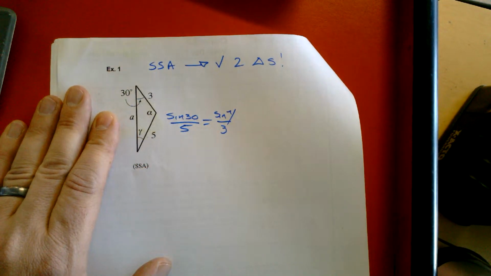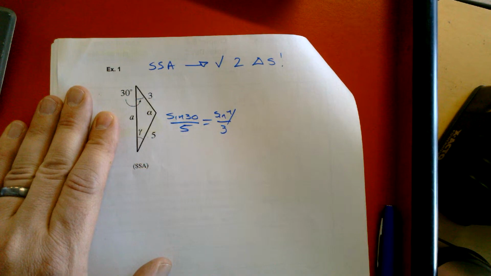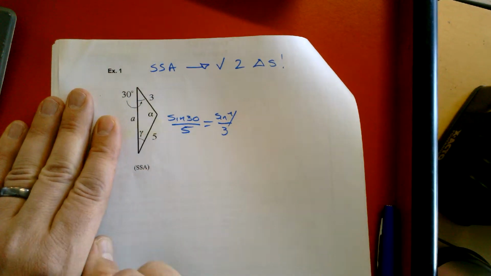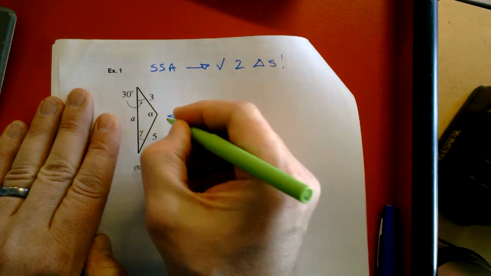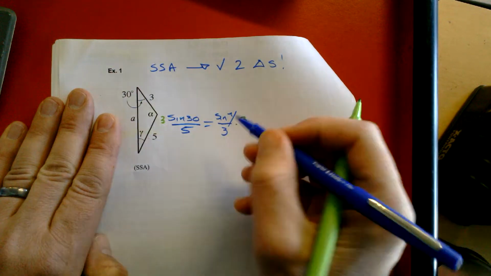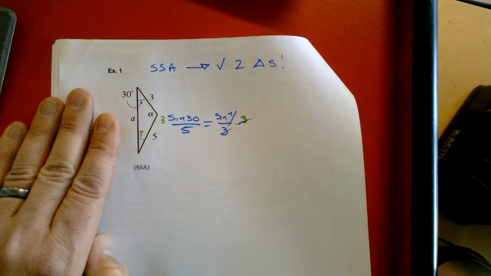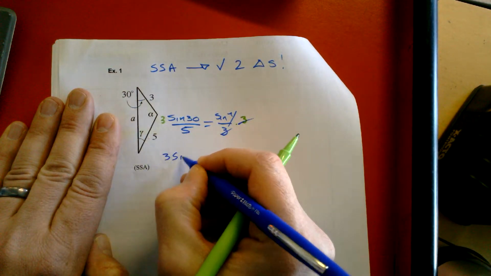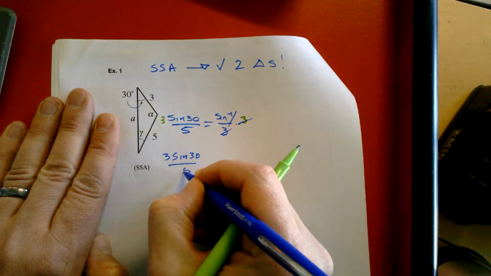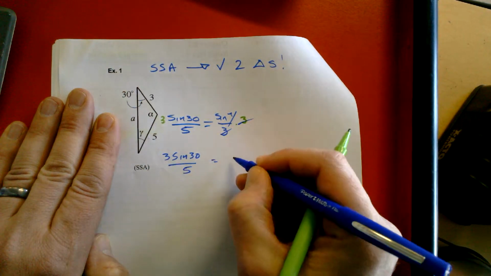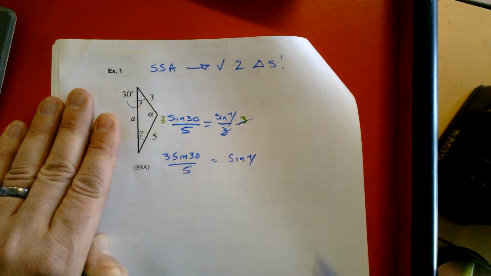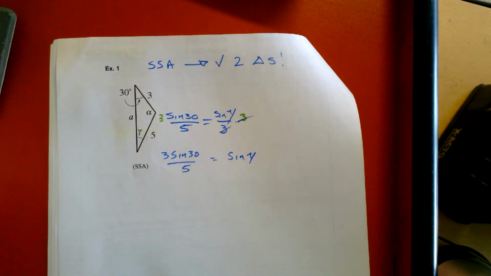All right, so we're going to solve for gamma first. And we said yesterday, if you're looking for an angle, just multiply both sides by that denominator, so those cancel. Now we have 3 sine of 30 over 5 equal to the sine of gamma. If I want to find the angle gamma, what do I have to do to both sides?